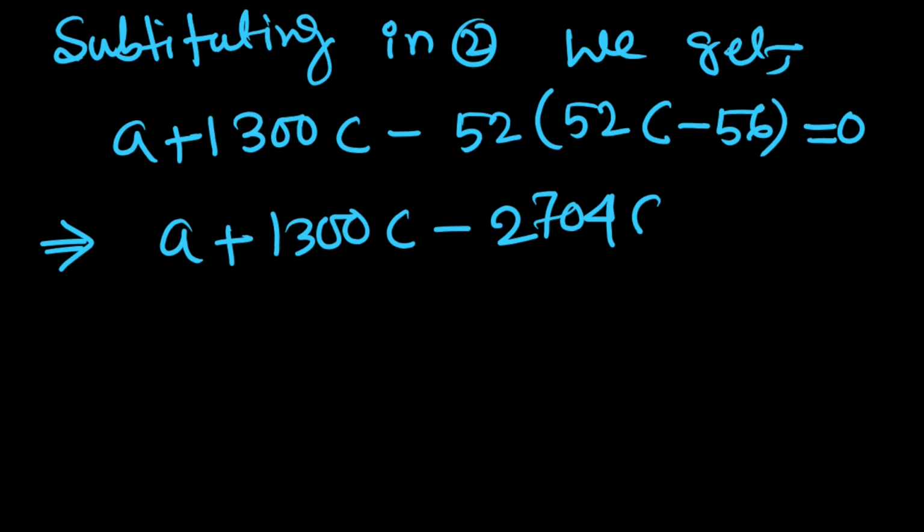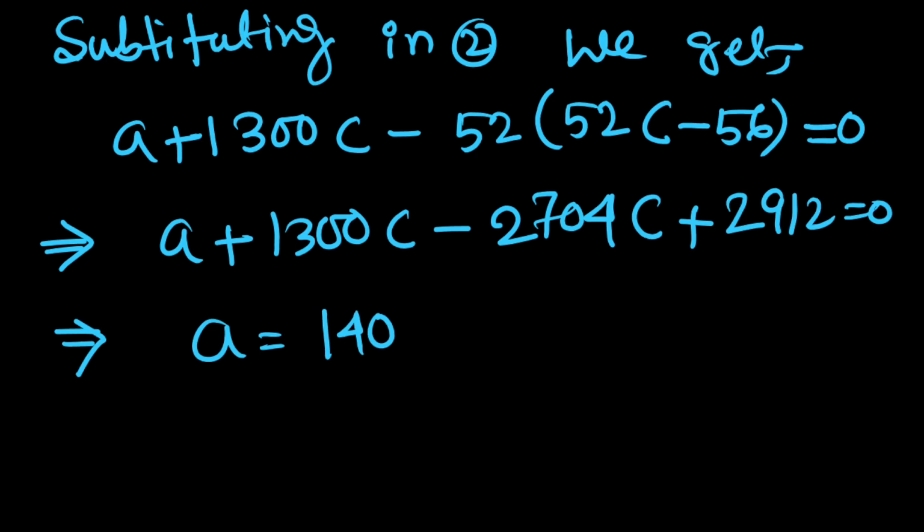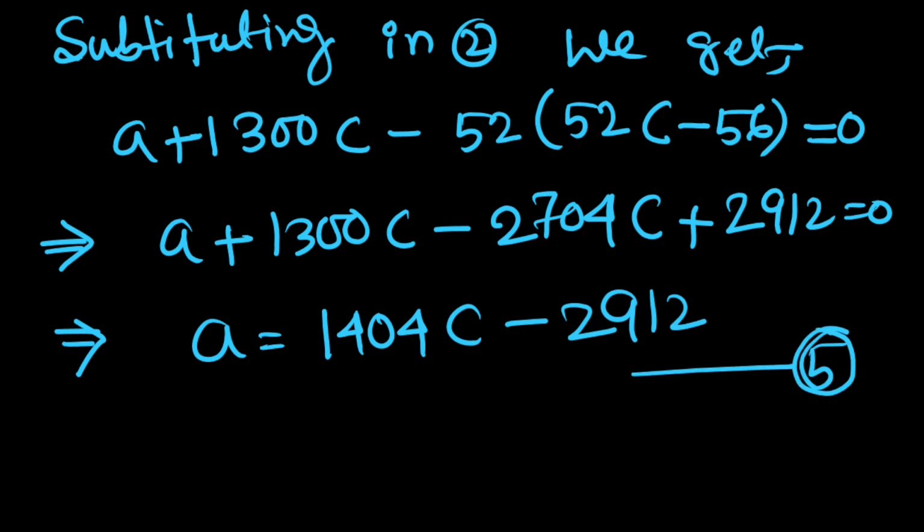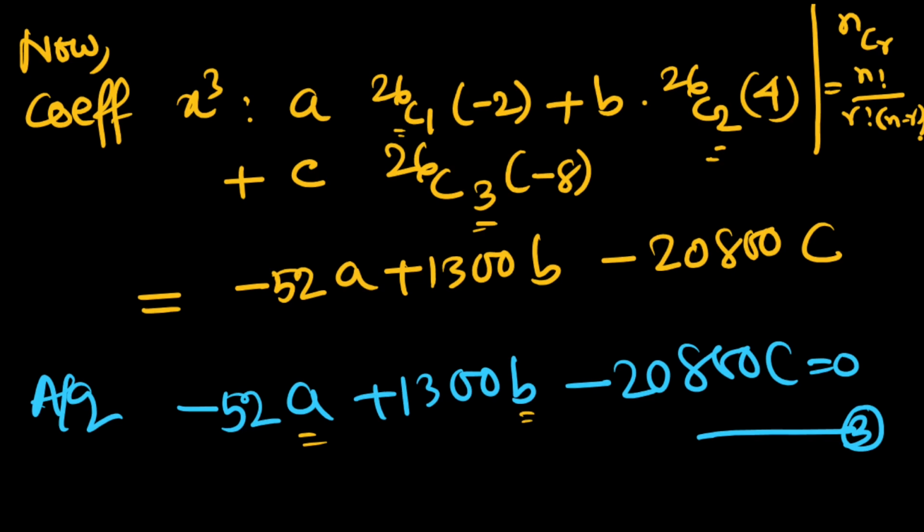Now arrange this: a is equal to 1404c minus 2912. Now numbering it 5. Now we have b in terms of c, and also a in terms of c. Now we put the values of a and b in equation 3, and the total expression will be in terms of c only.